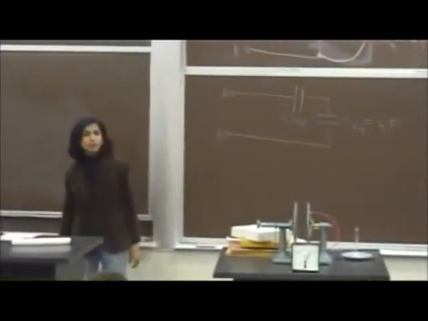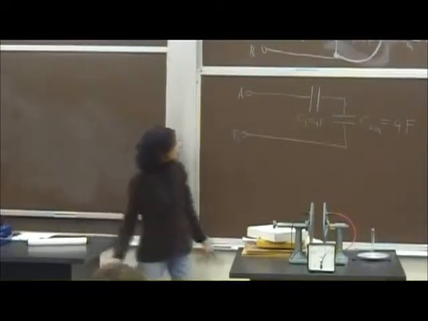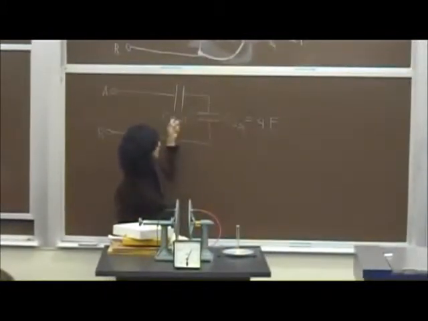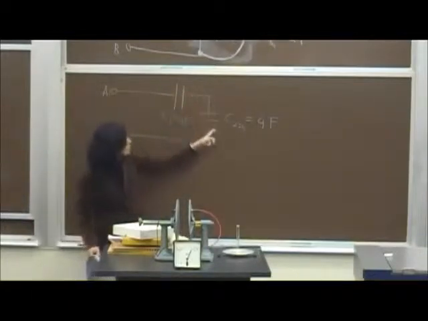Okay, any thoughts on what these two things are in? How many people are convinced that the equivalent of 234, which is 4 farads, is in series with C1? Rose, that's absolutely correct.